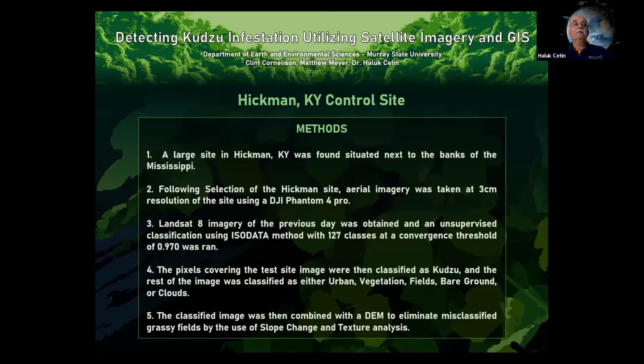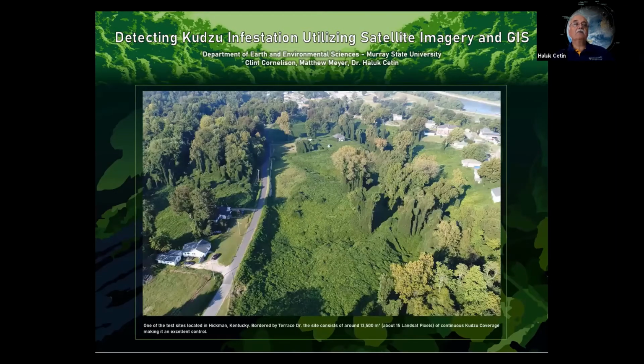Initially we used Landsat 8 satellite data. By the way, this image is from our DJI Phantom 4, a very high resolution image. Pixel size is about 3 centimeters.